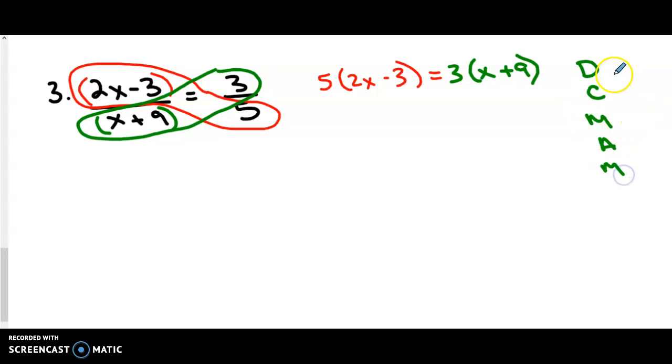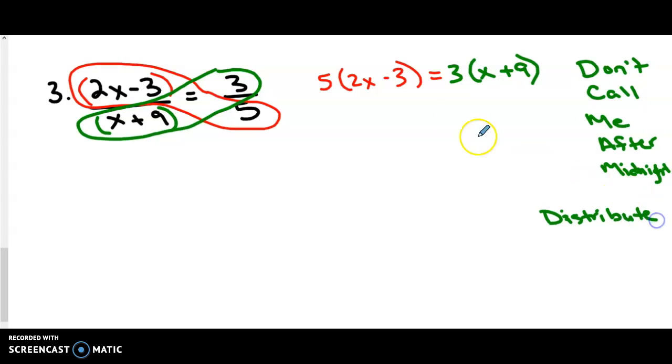The D stands for don't, the C stands for call, the M stands for me, the A stands for after, and the last M stands for midnight. Don't call me after midnight. So that D actually is telling you to distribute. So that means we have to distribute.